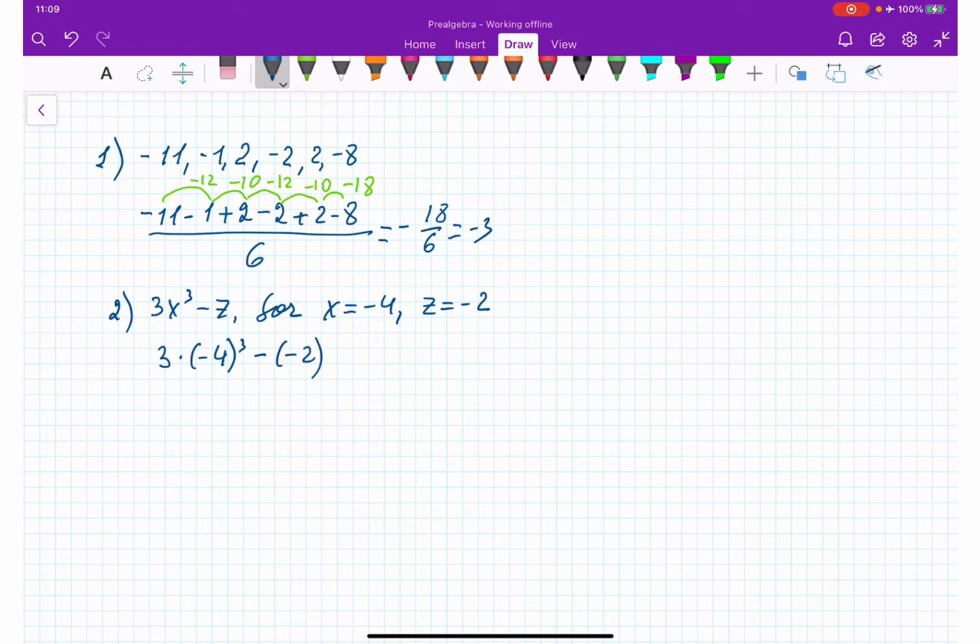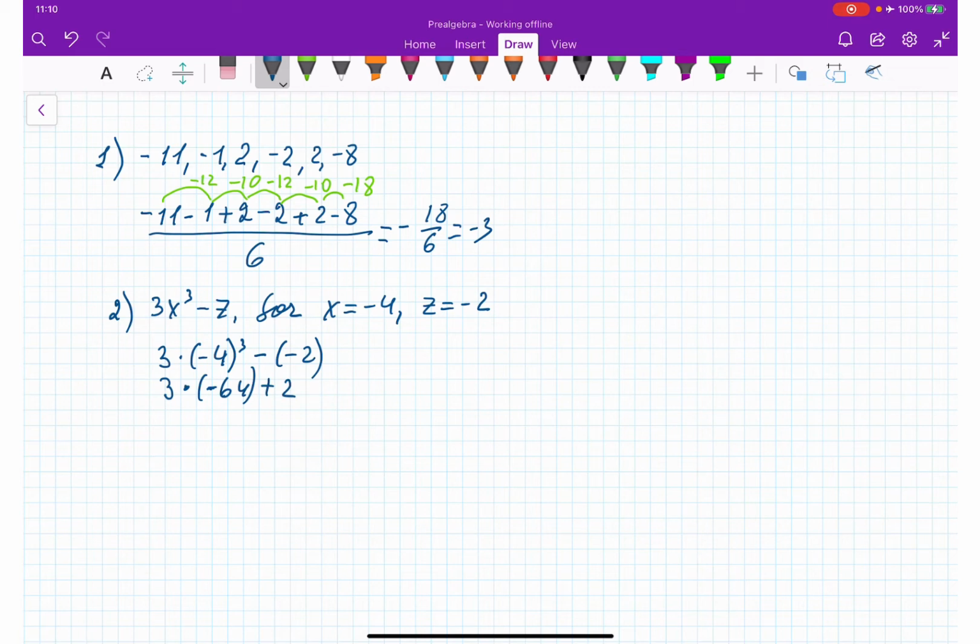That is equal. 3 times negative 4 cubed: negative 4 times negative 4 is going to be 16. 16 times 4, 64. So it's going to be negative 64. Negative because we have odd degree 3. And plus 2.